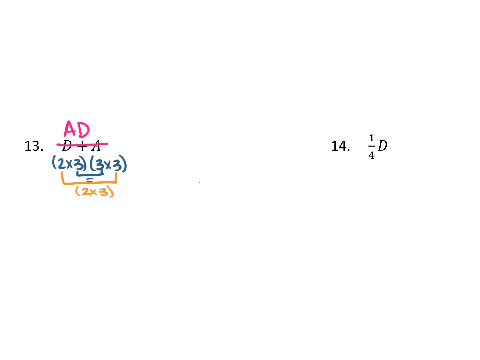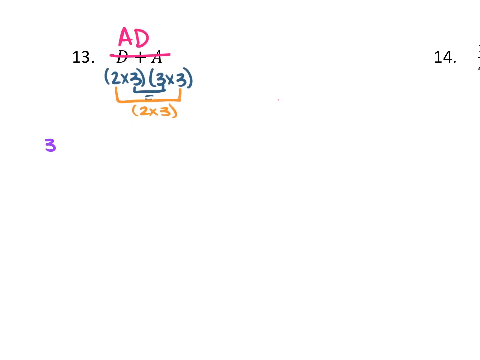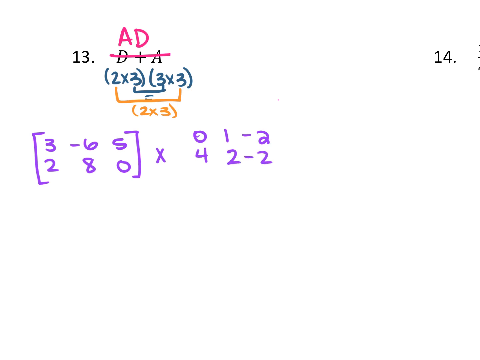So A is that matrix of 3, -6, 5, 2, 8, 0. And D is the matrix 0, 1, -2, 4, 2, -2, -4, -8, -1.